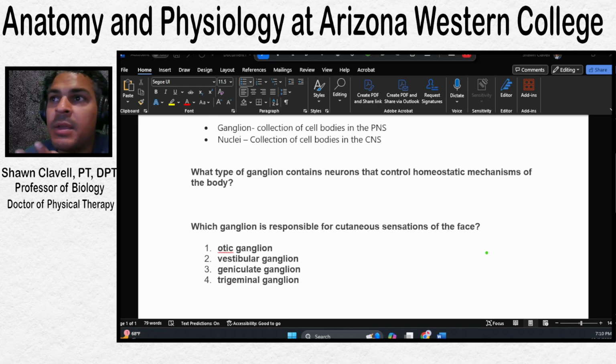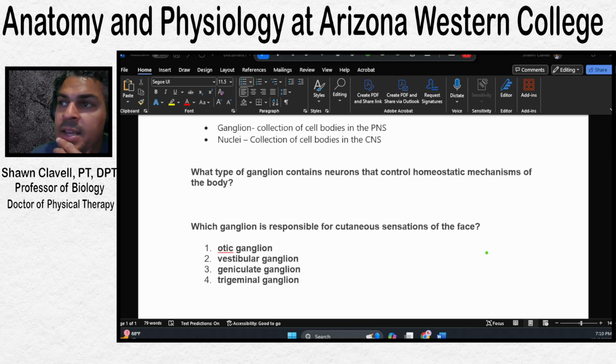What type of ganglion contains neurons that control homeostatic mechanisms of the body? This could be answered in a number of different ways.